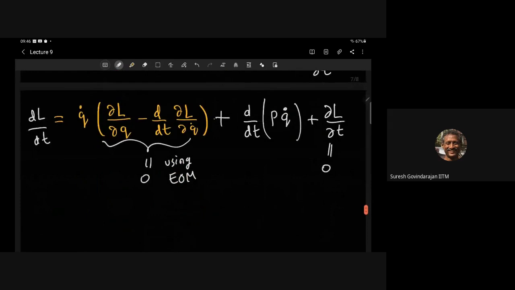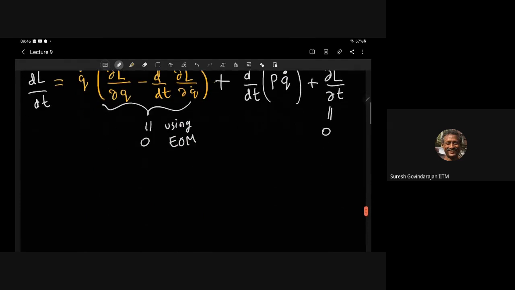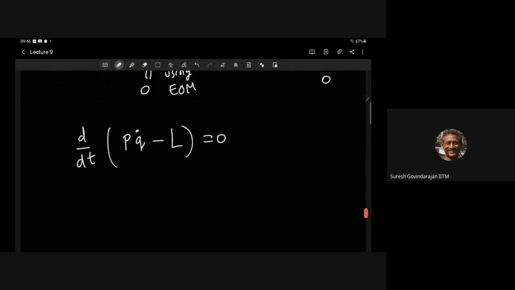So now I can rewrite this whole thing as d by dt of p q dot minus L equal to 0. Okay, and so this quantity is 0, which implies that p q dot minus L is a constant, which we will call E.